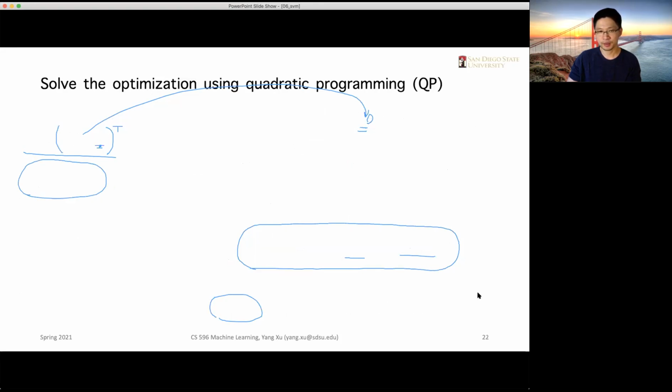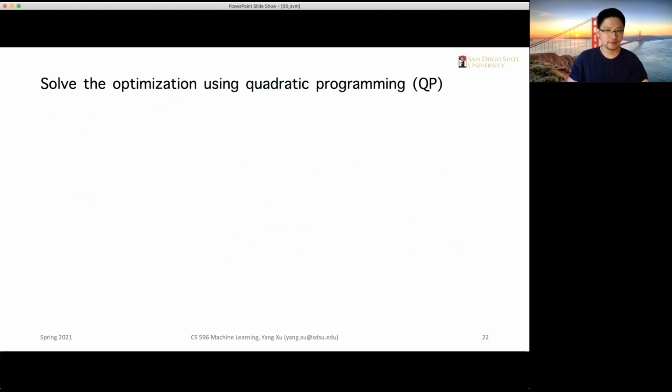So we will leave everything to the quadratic programming program. These kinds of QP quadratic programming algorithms are available in most numeric programming languages.